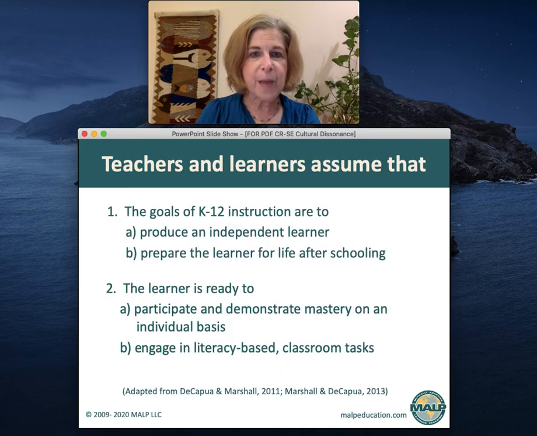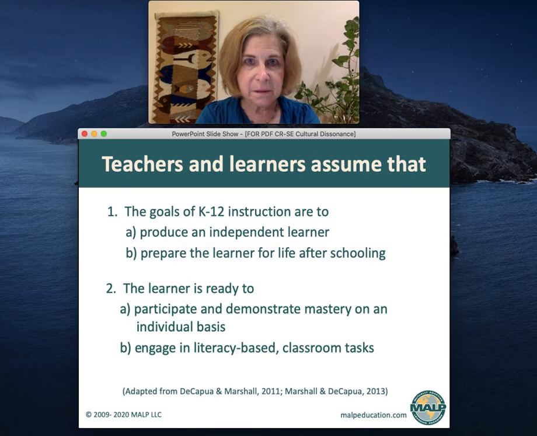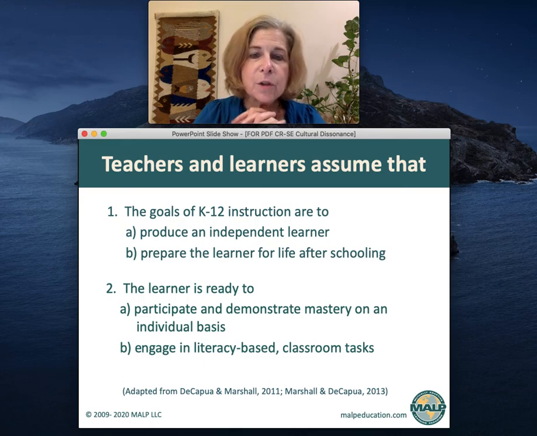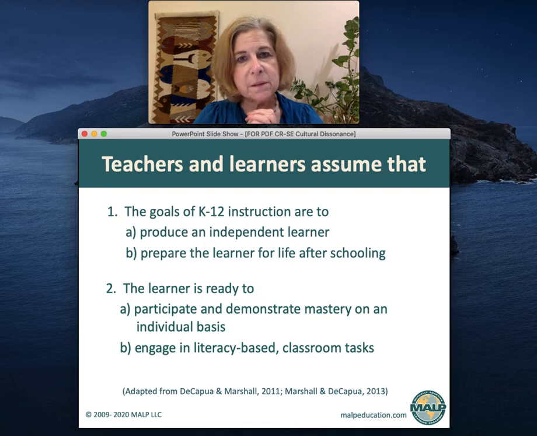Now, let's go back to our slide from earlier. Think about this. Produce an independent learner. Which one does that remind you of? Why would that not resonate? Collectivism, right?